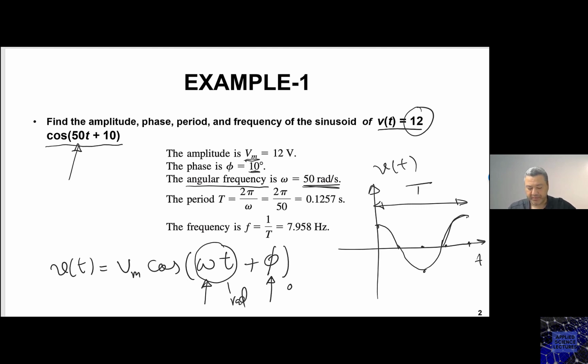So this is T, which is also the inverse of the frequency. So T is 1 over f, where f is the frequency in hertz, the number of cycles in a second. Or in time, you can say the period T equals 2 pi over omega. That's going to give you the seconds. The time it takes for one full cycle.